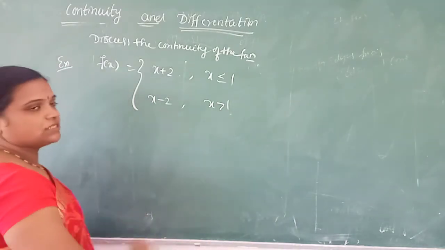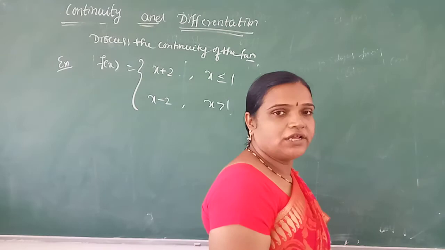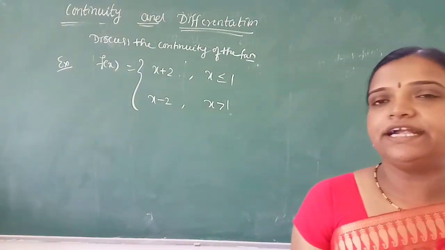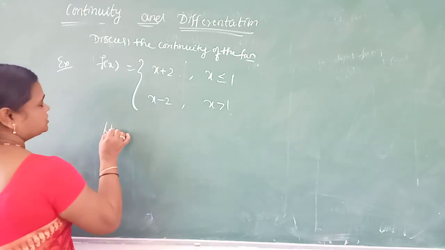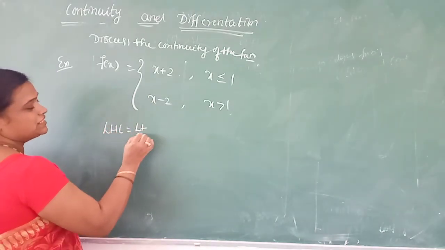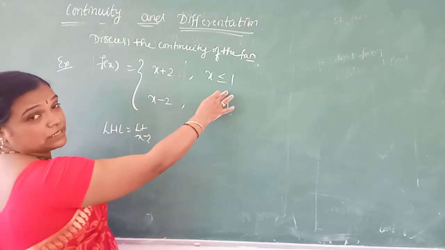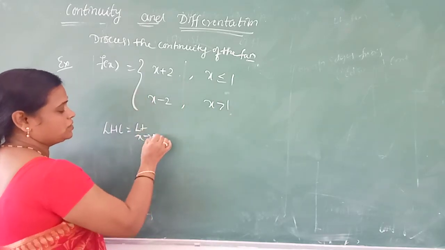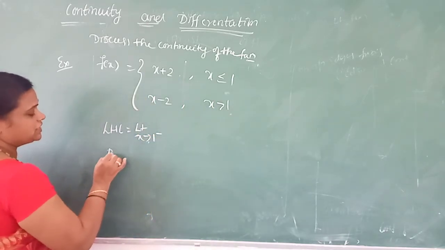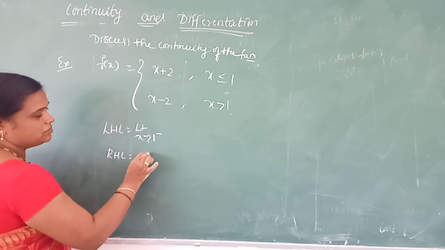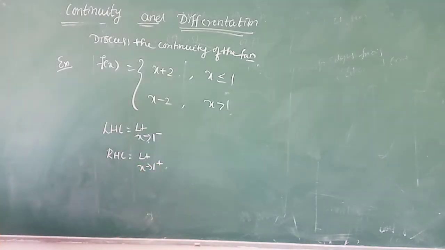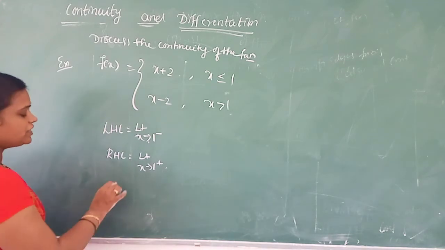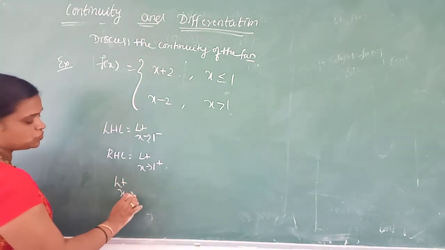See, for this always we are applying left hand limit, right hand limit and limit of the function. See, left hand limit, LHL, limit as x tends to 1 minus, correct. Next right hand limit, RHL, limit as x tends to 1 plus, correct. Next we are applying limit as x tends to 1.